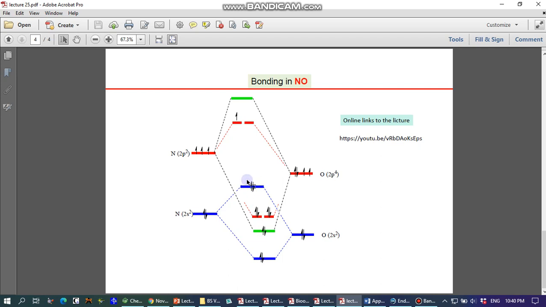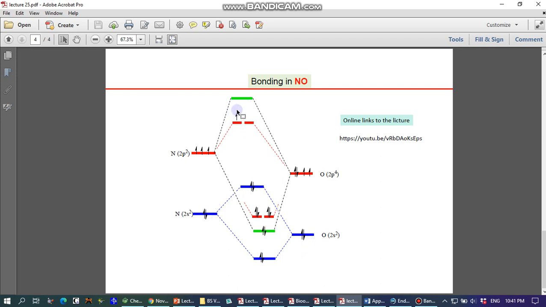Therefore the one occupied by the high energy orbital will participate in bonding first. So this pair will be involved in bonding, and now we know that this bond pair is polarized on nitrogen. It means nitrosyl will get linked to the metal center or any other species through nitrogen, not through oxygen.